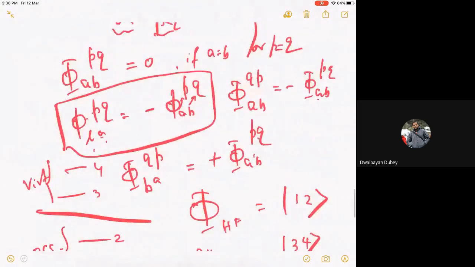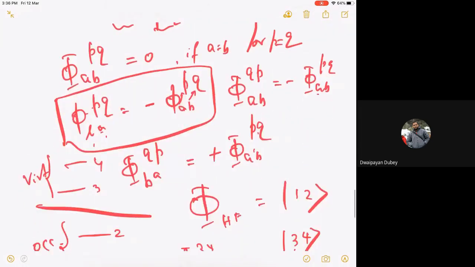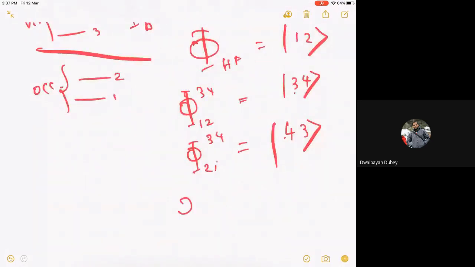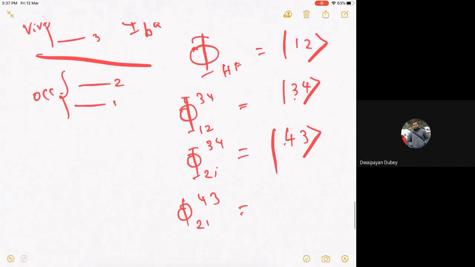And with that, you can actually check the rest of the things also. And if I interchange both, they'll come back. So if I write phi 2, 1, 4, 3, I interchange both, then of course 2 is replaced by 4, 1 is replaced by 3, so I get back 3, 4. So these two are identical. Is it clear?